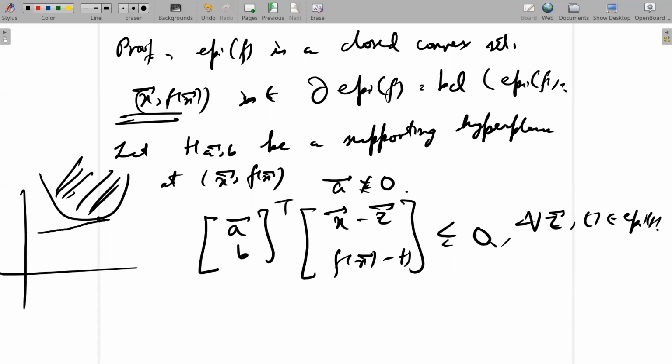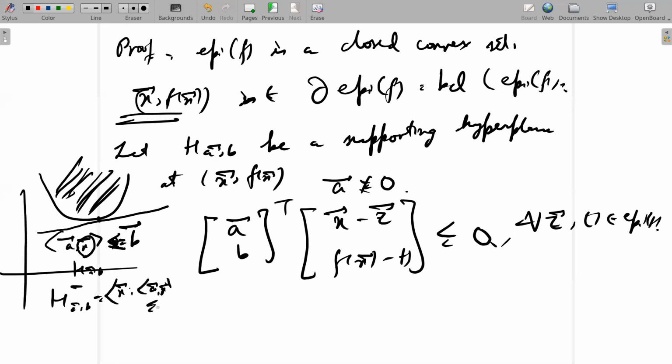Now this is a supporting hyperplane, so the epigraph is contained in one side of this. The supporting hyperplane is given by a dot x equal to b, and H_{a,b} minus is all those x such that a dot x is less than or equal to b.